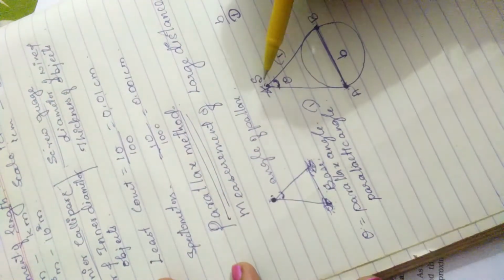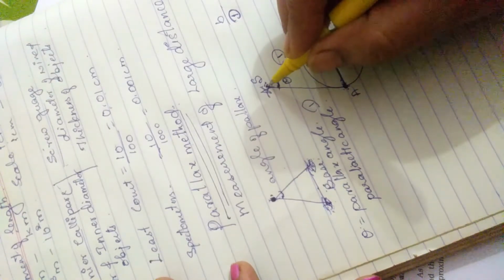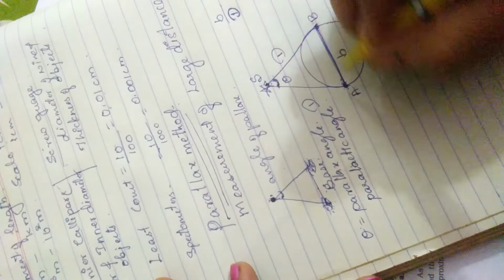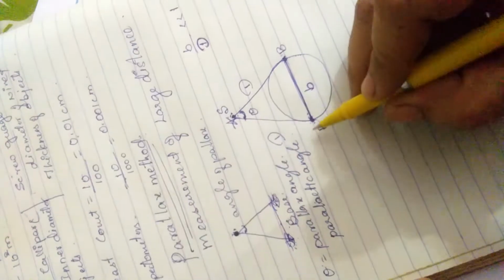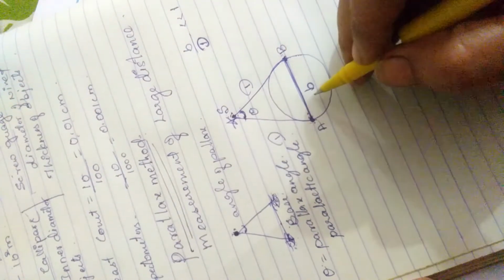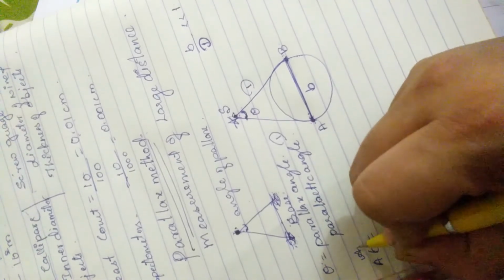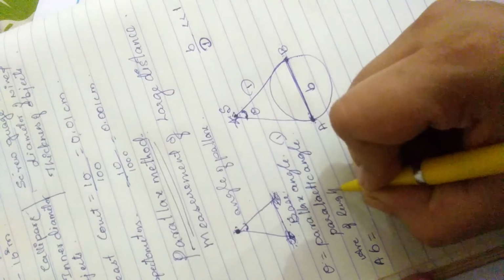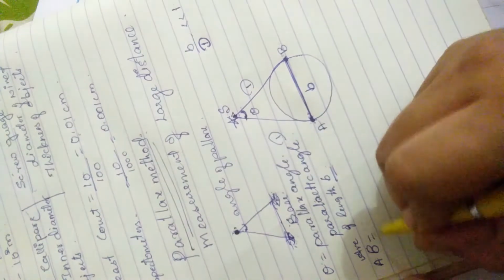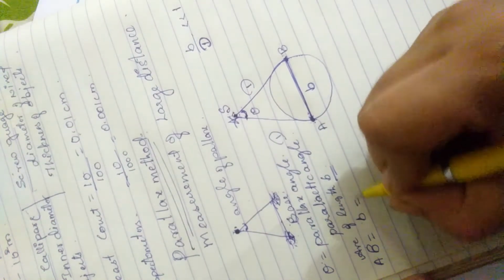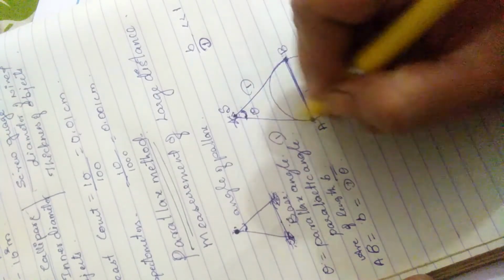Okay, then consider the diameter of a circle. If we consider this is the center of a circle, AB is an arc of length B, that is AB is equal to B. So this is equal to D theta, where theta is the angle and D the diameter.